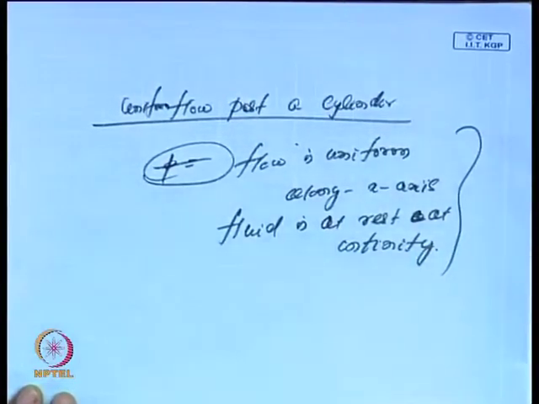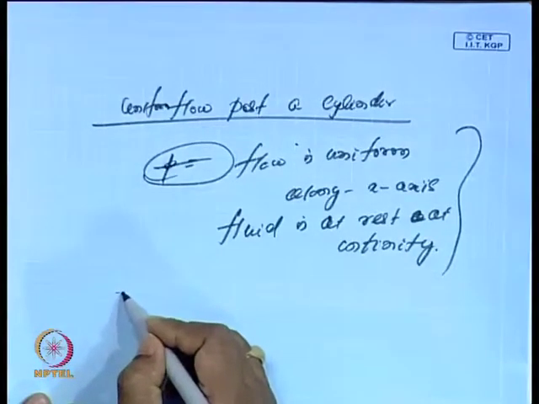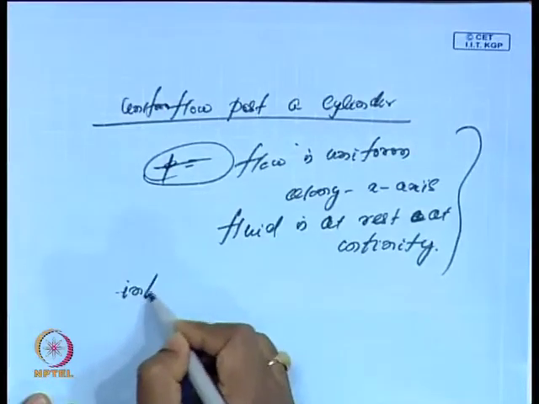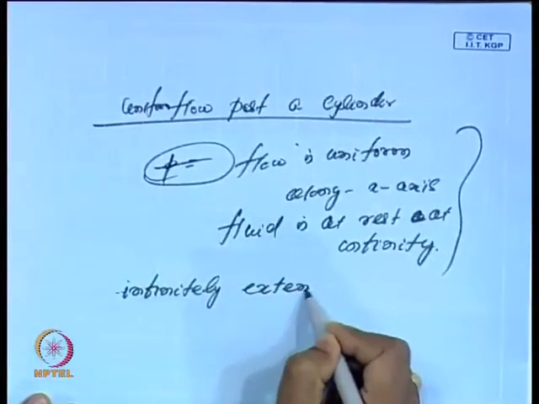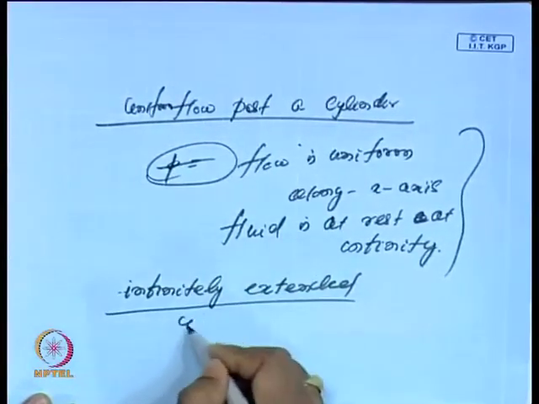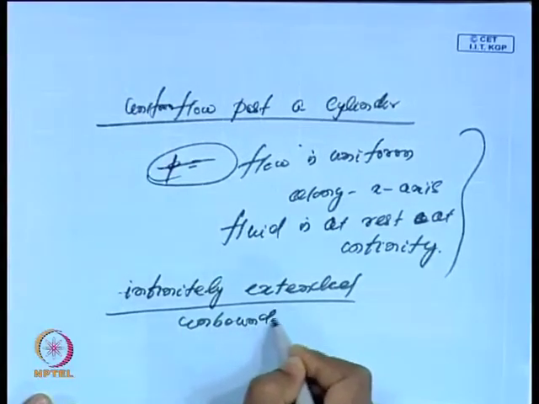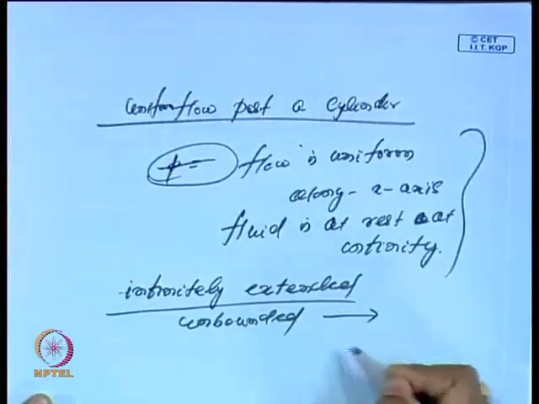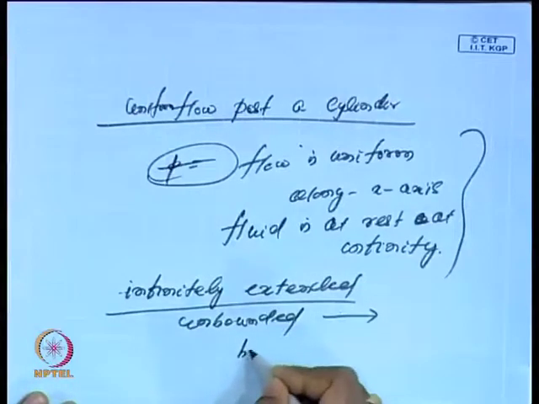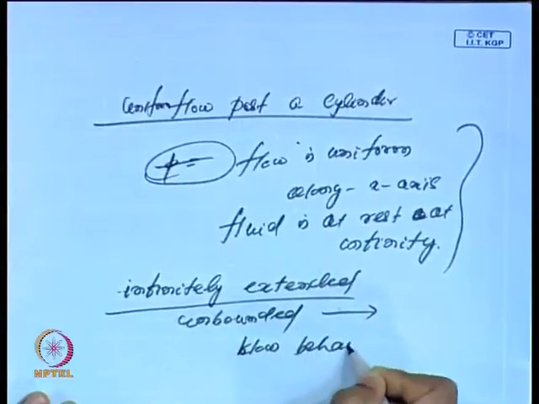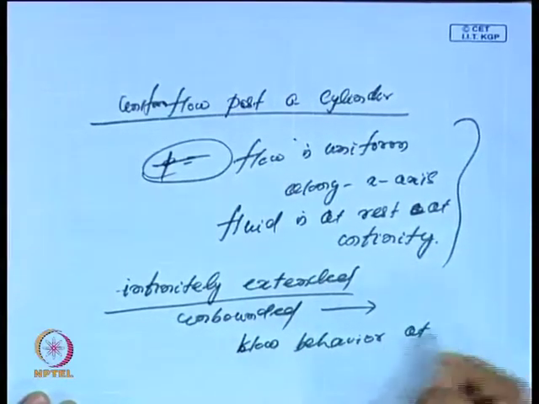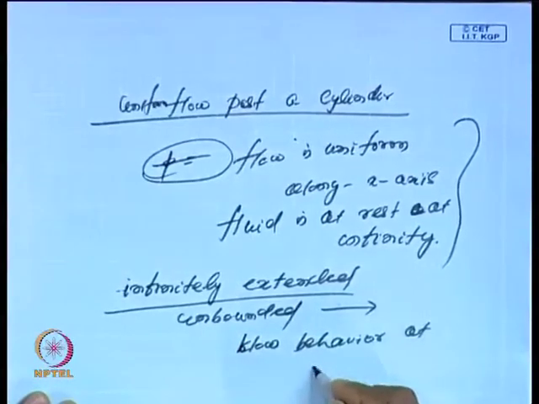So when I have to analyze a flow in an unbounded domain, that means a domain which is infinitely extended, then I have to describe some kind of behavior of the flow at infinity, at the far field.